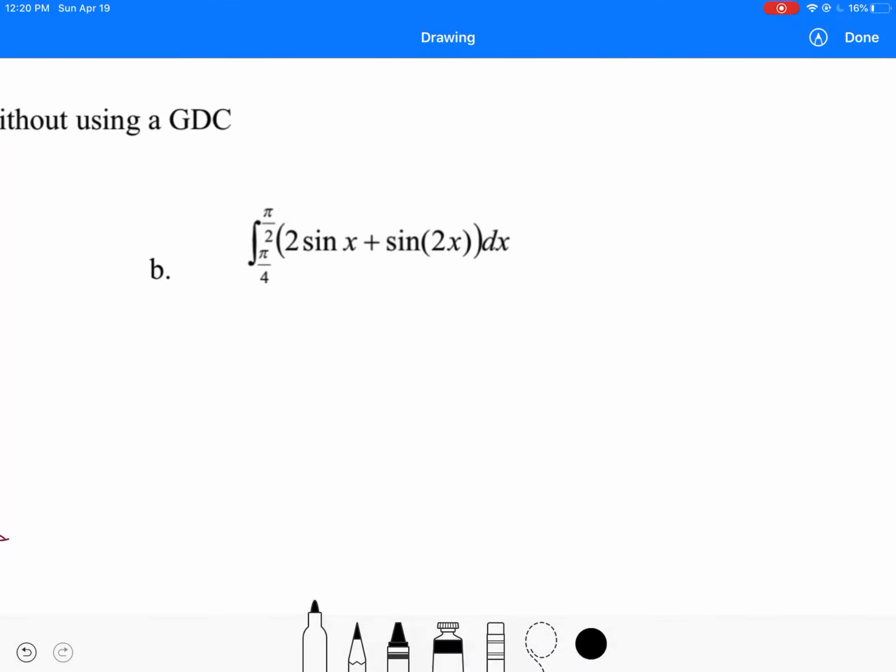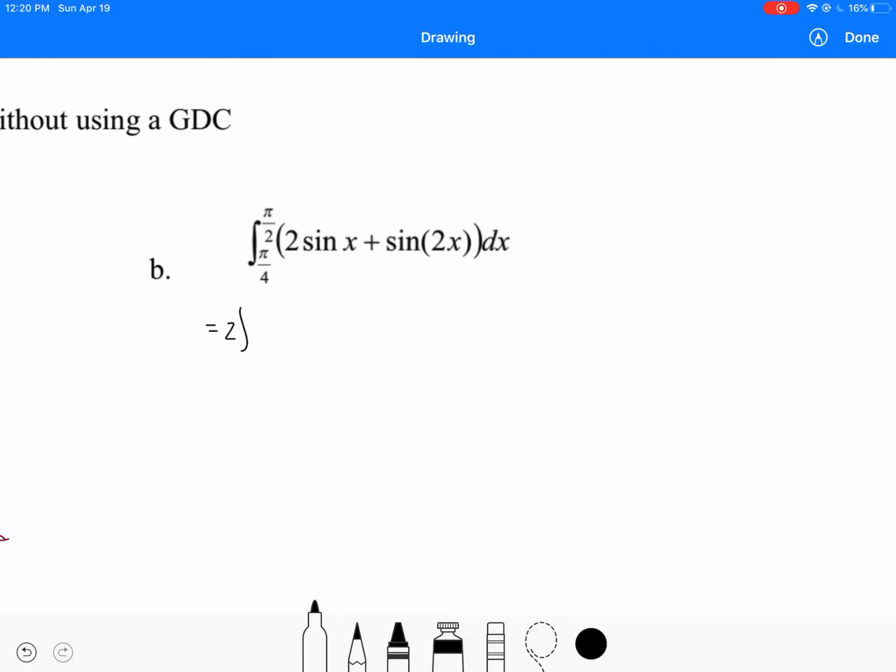Okay, one more example. Here we've got the integral of 2 sine x plus sine 2x from pi over 4 to pi over 2. So let's separate this a little bit.